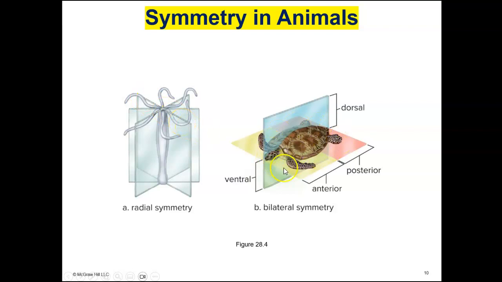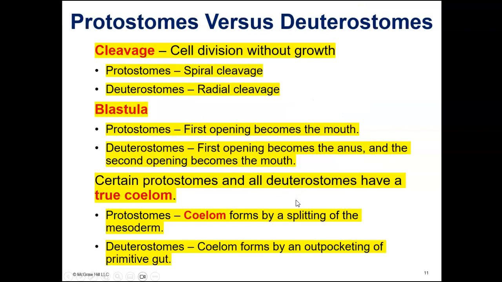Whereas with the turtle or tortoise that we see here, I'm not sure which one it is, we can only make one cut through that animal to get equal halves. And you can see that the turtle has a head region, so it does have cephalization, and it has a definite left and right side.